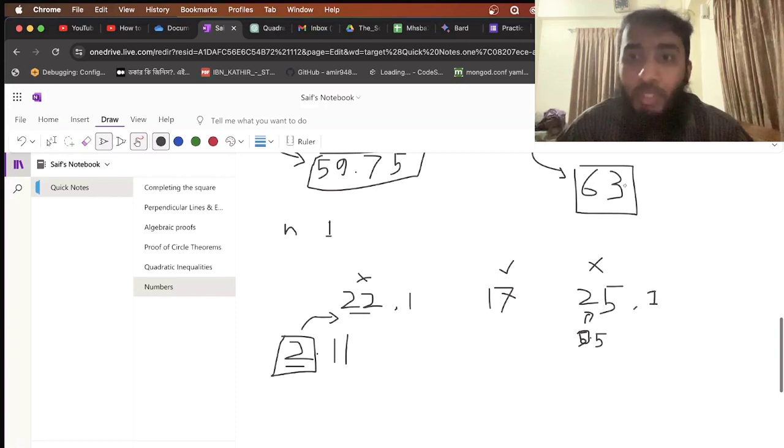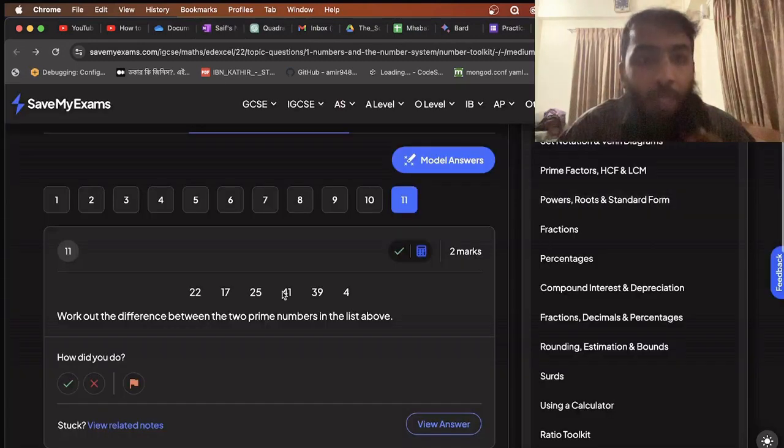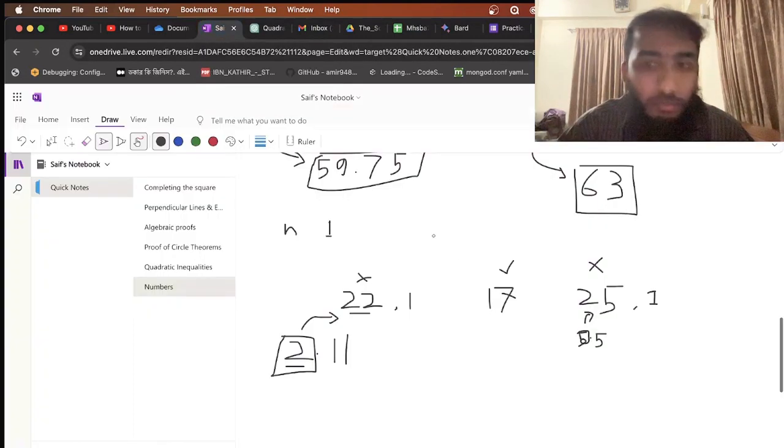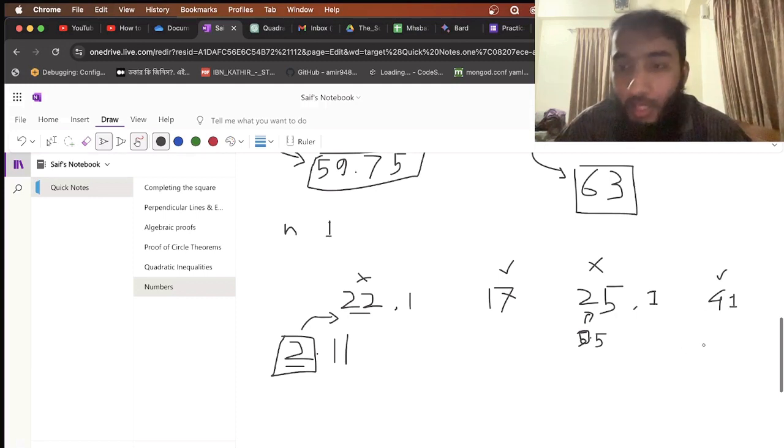So 25 is not a prime number. Now the number 41: is 41 a prime number? Yes, 41 is a prime number, because no number other than 1 can divide 41.